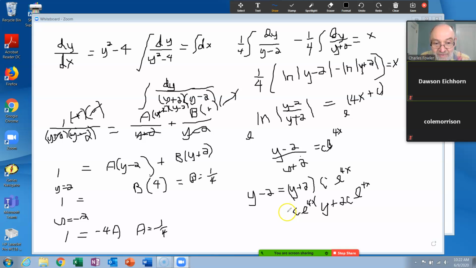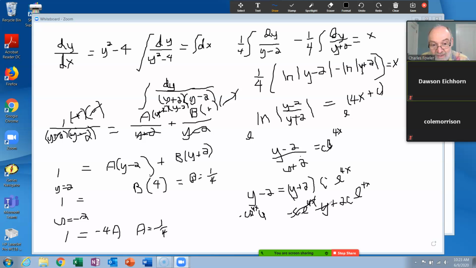Now we're going to subtract this term from both sides. And basically I'll wipe it off of this side, and that has a y in it. I forgot to put my y there.